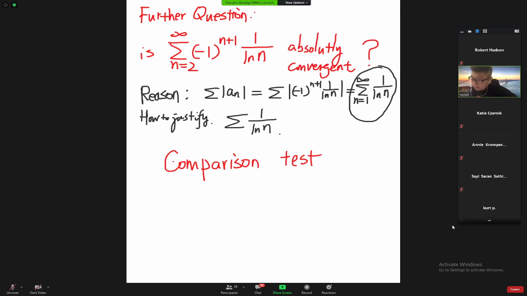I want to compare 1 over natural log n with something else directly. So which one should I compare? This is my hint. It works, but tell me, if I want to do the comparison test, which series do I want to compare?